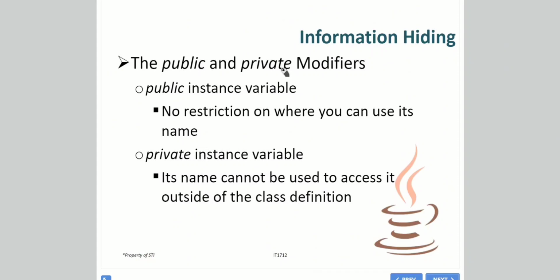Now we have public instance variable. We talk about an instance variable that is found outside the method and inside a class. Okay, so that is a variable that has no restriction, and you can call it and use it wherever you can use its name.